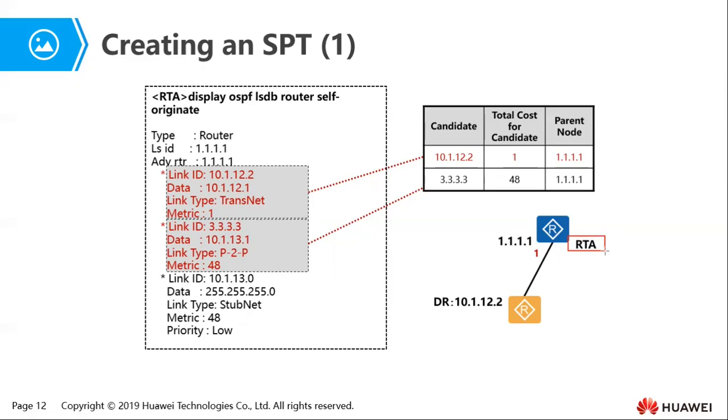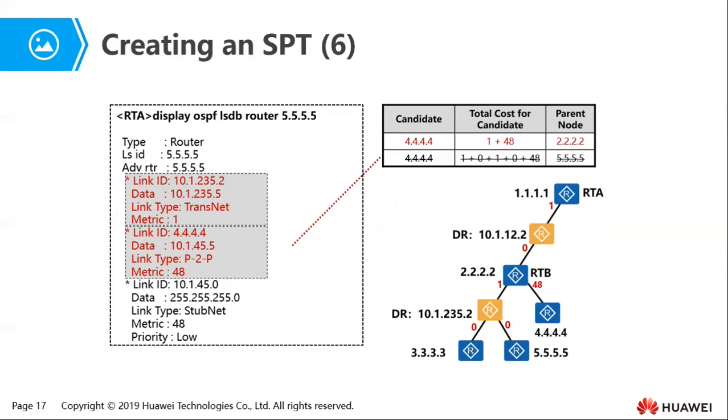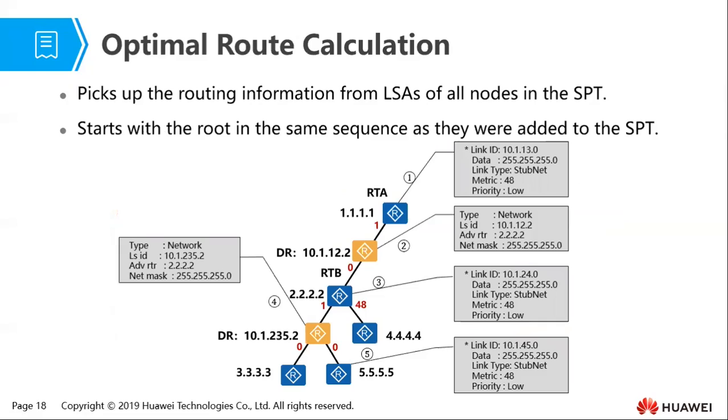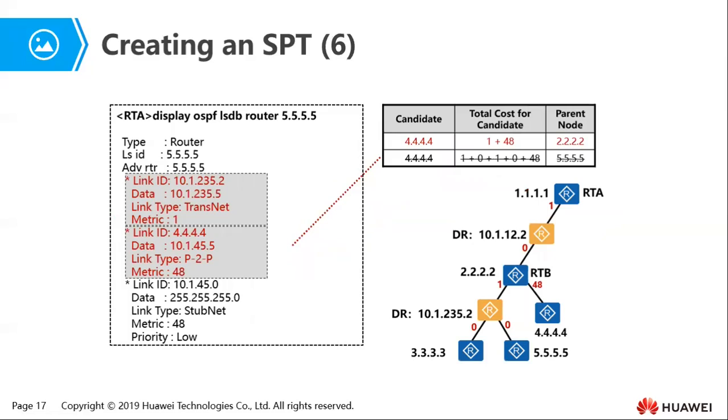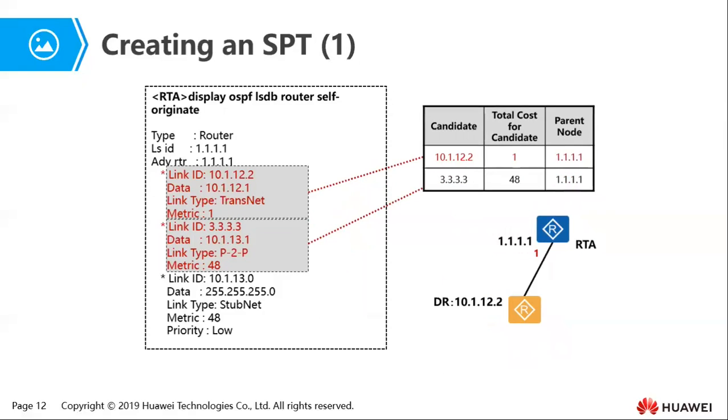So we want to see now how RTA is going to build up this particular tree with itself as the root, adding others until it gets to the next phase, which is route calculation. The tree will look like this at the end. We just want to understand how it creates this tree.